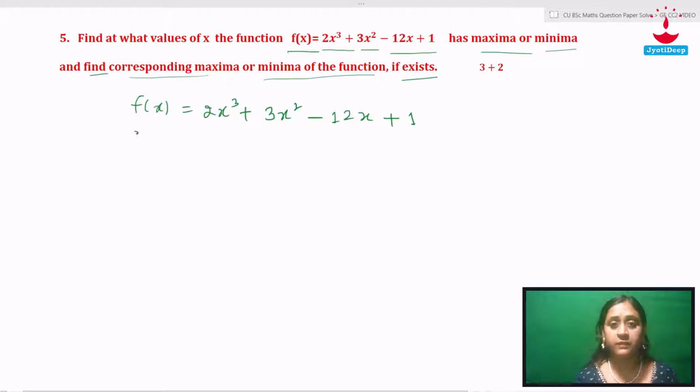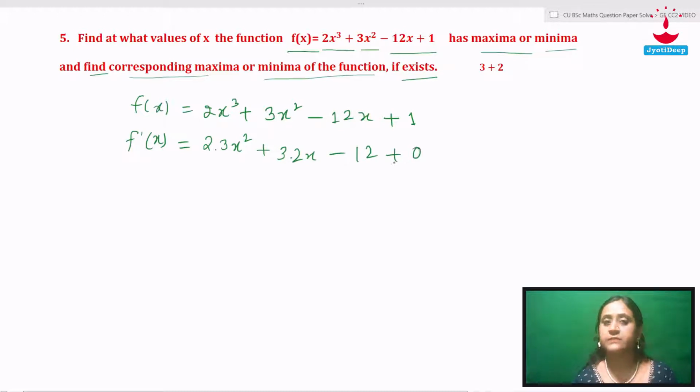Okay, so we will find out f dash x. Differentiate, it becomes 2 into 3x square plus 3 into 2x minus 12 plus 0, right?